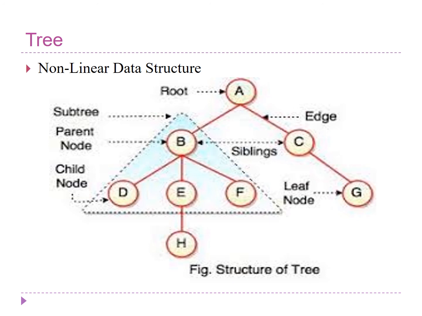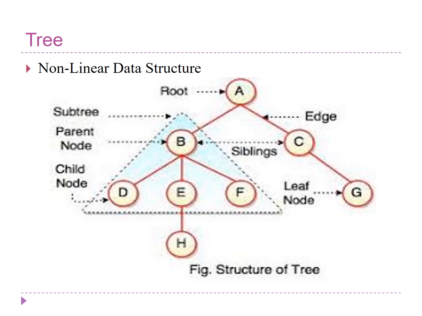B and C are siblings and they have the same parent. D, E and F are also siblings. They have the same parent B.